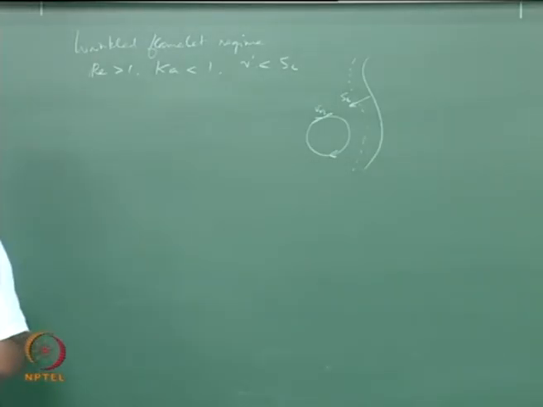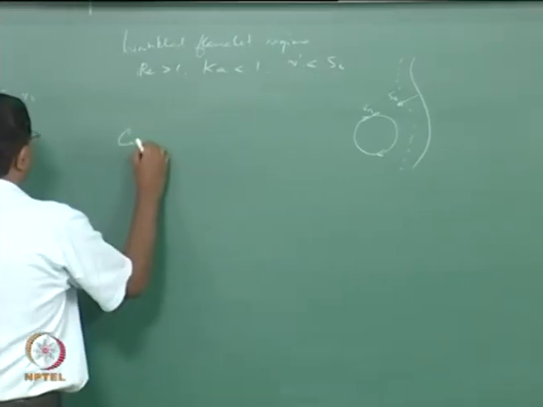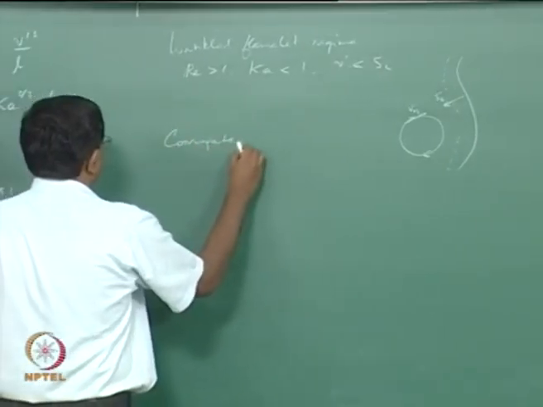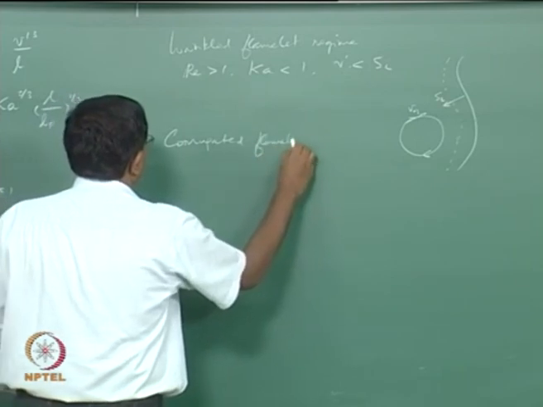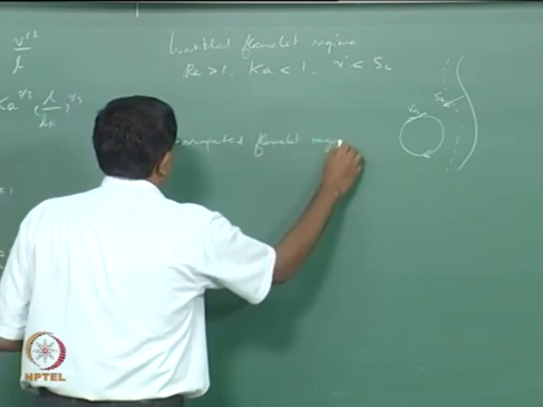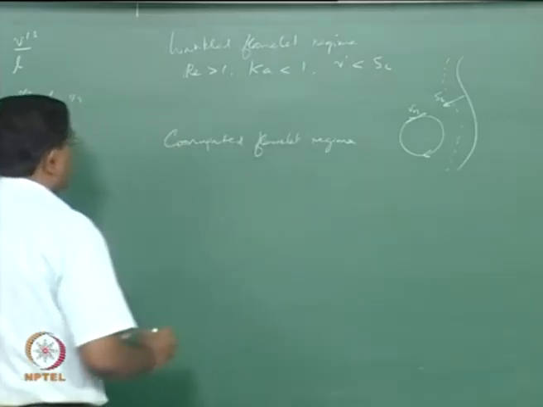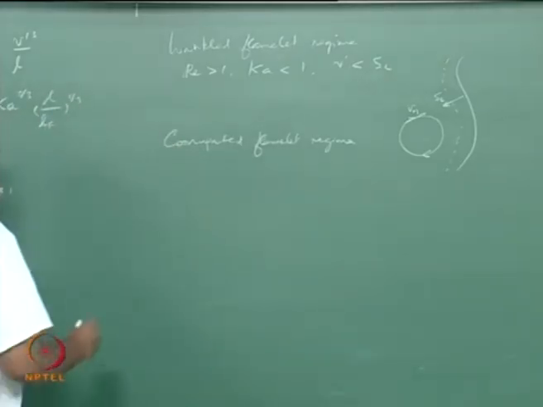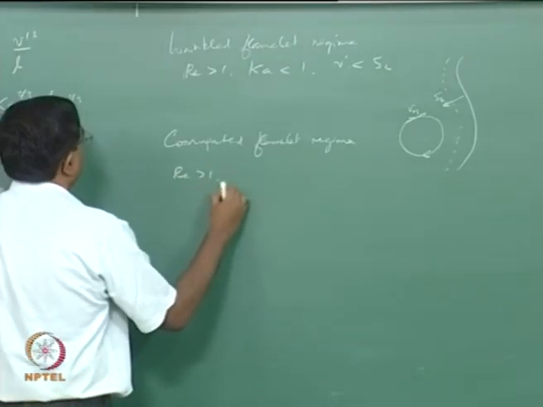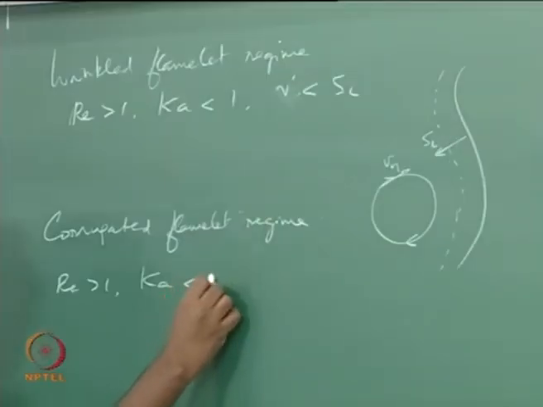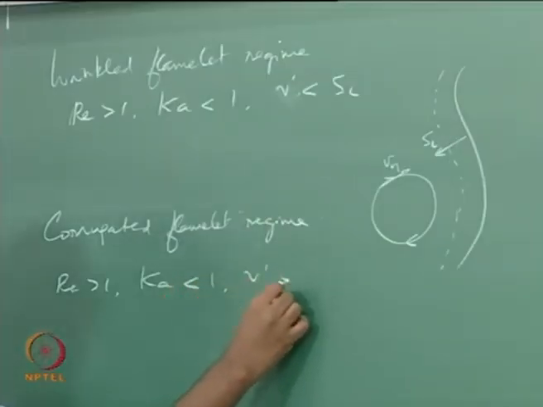So the next regime, for example, would be the corrugated flamelet regime, where the Reynolds number is greater than 1, the Karlovitz number is still less than 1, but V prime is greater than SL. This means the intensity is now larger than the flame speed, so the eddies are going to make their presence felt on the flame a lot more.